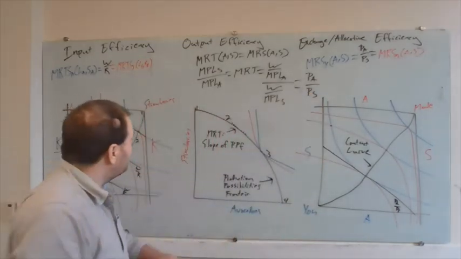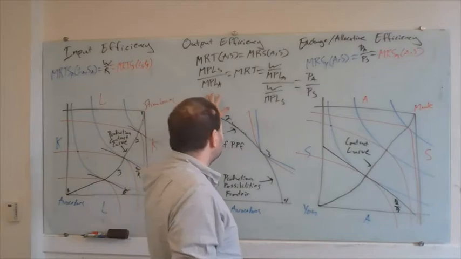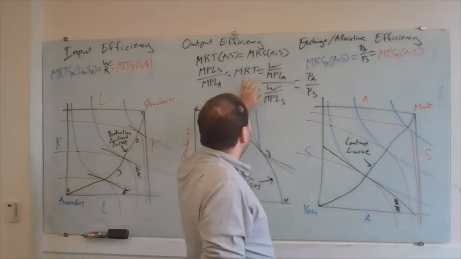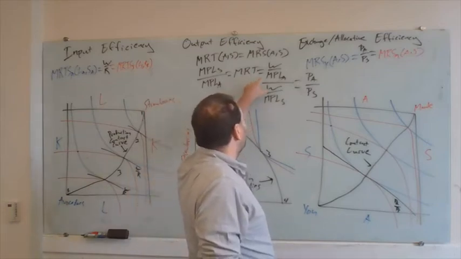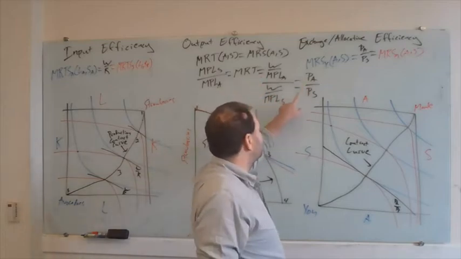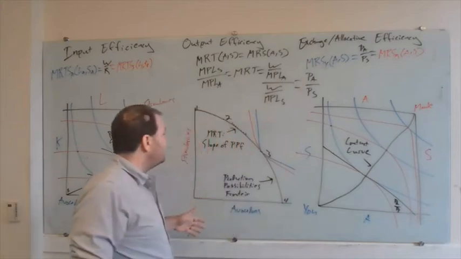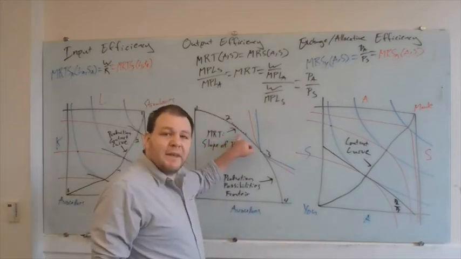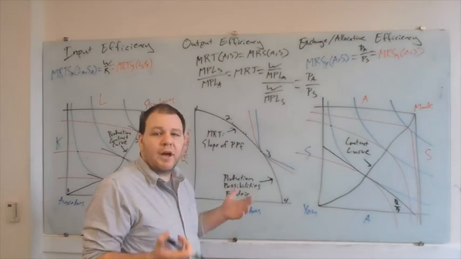So the argument is essentially, when firms are profit maximizing, they're going to produce output until the marginal cost of an avocado equals the price of an avocado, the marginal cost of a strawberry equals the price of a strawberry. We can think about our production possibilities frontier as being the ratio of those marginal costs.